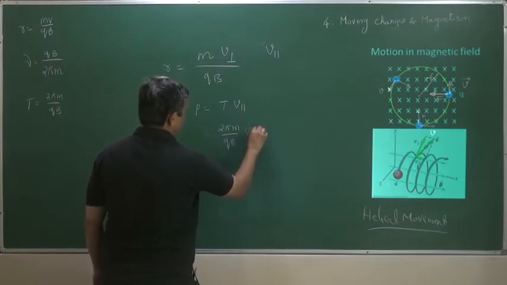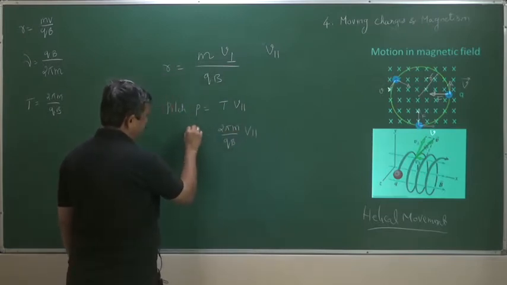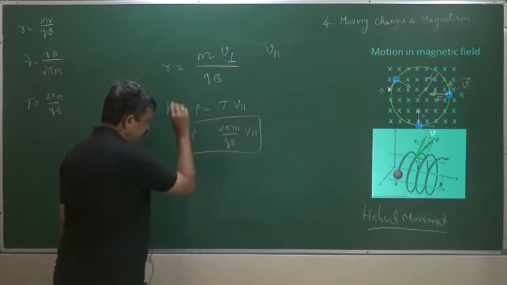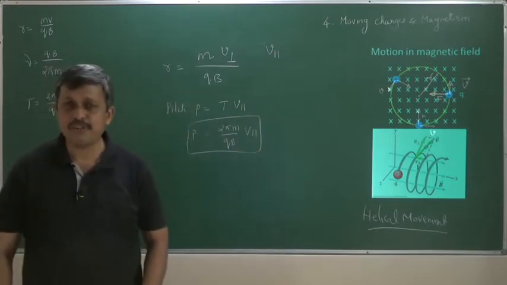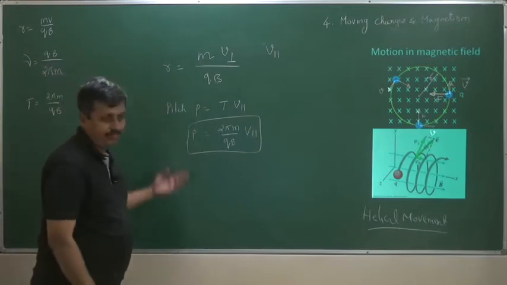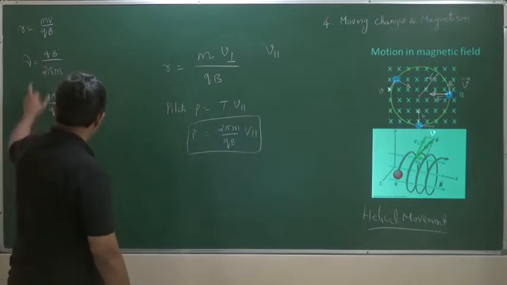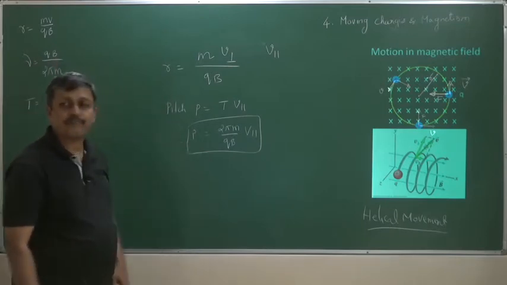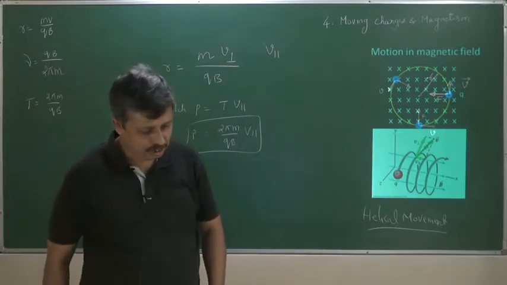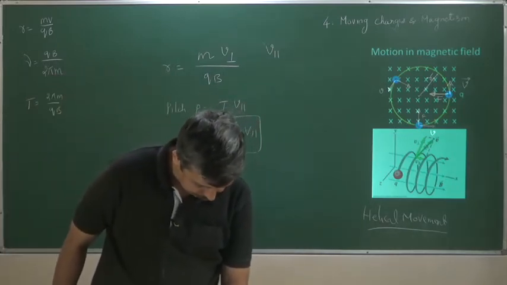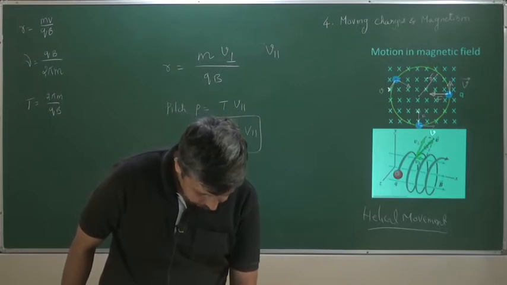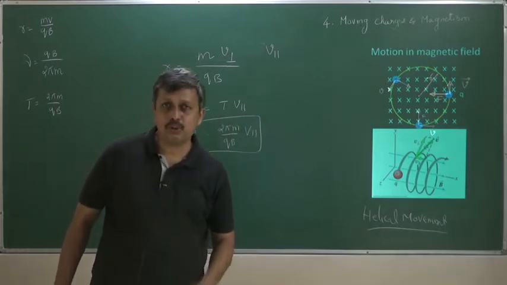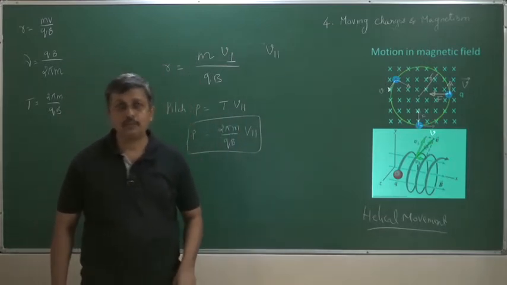So p equals 2 pi m v parallel by qB. If you are asked to derive the expression for pitch and radius, it's very straightforward. Now, let's do one simple problem and then move forward.